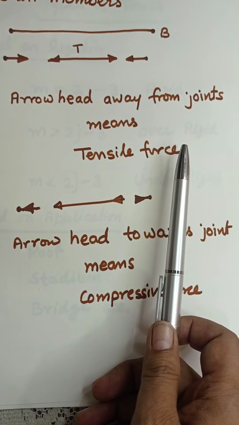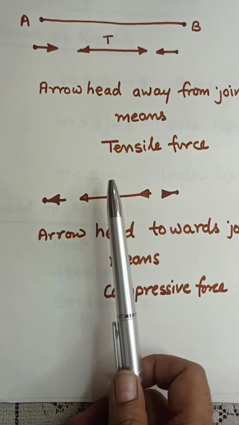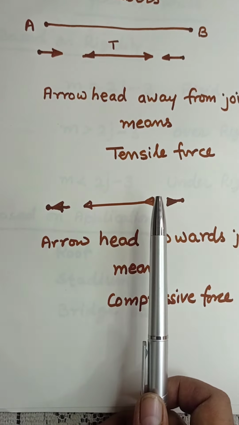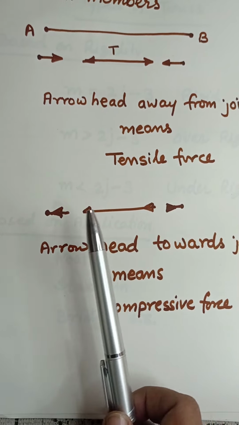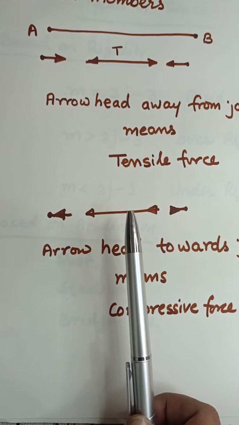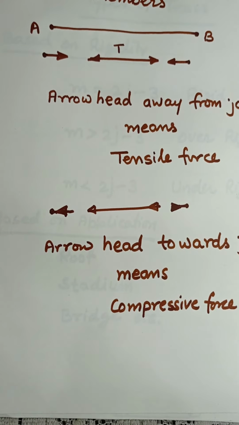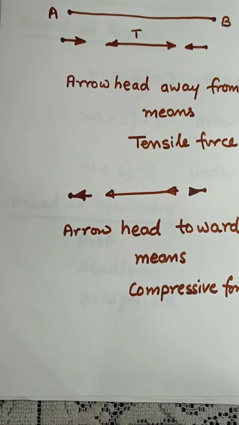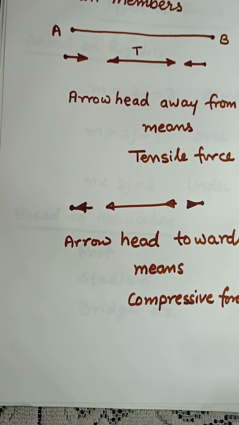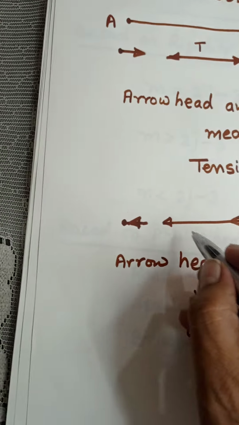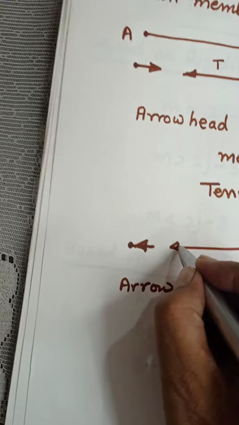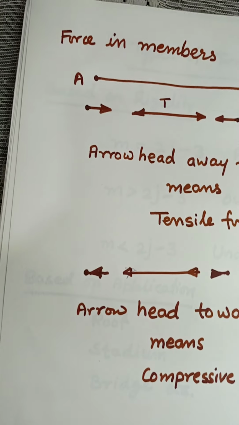So arrowhead away from the joint means tensile force, and opposite to this, if the arrowhead is towards the joint, it is going to be compressive force. The member is under compression, so compression means it has a tendency to reduce the length. So it is going to be like this. This is wrong. This is going to be like this. I show you.